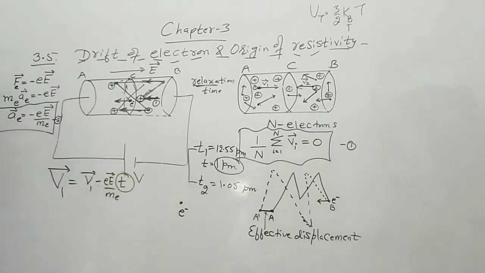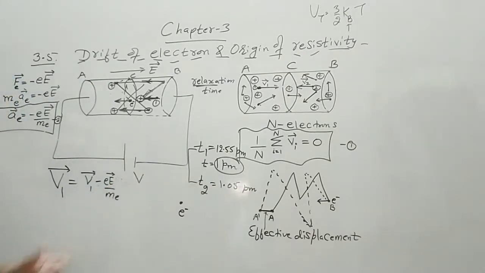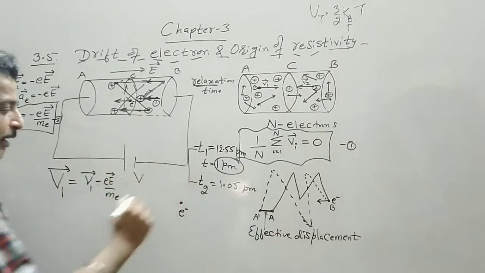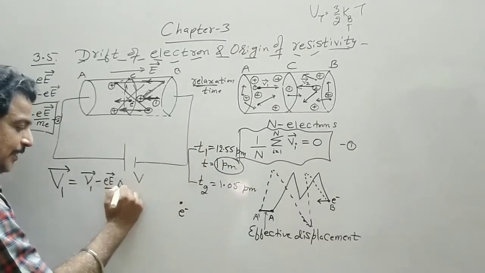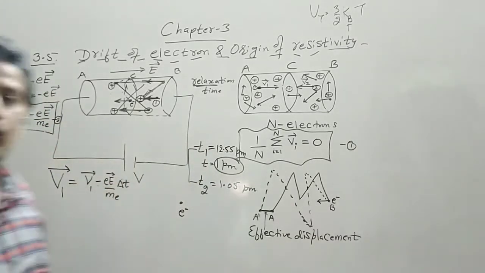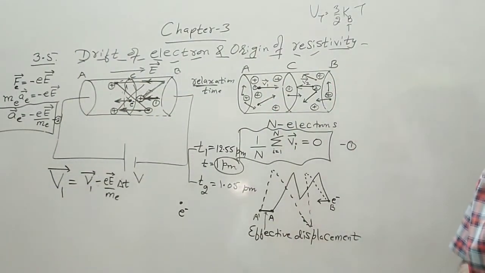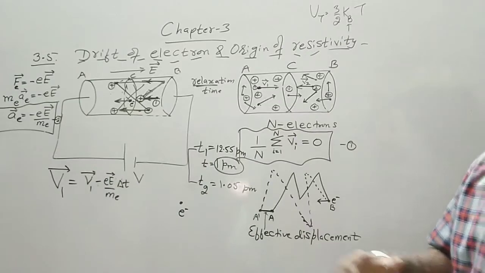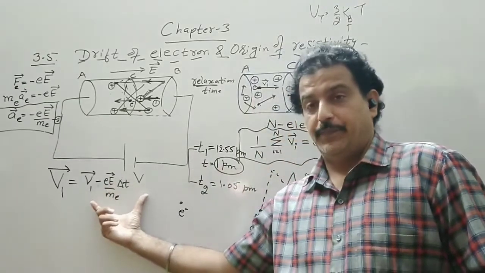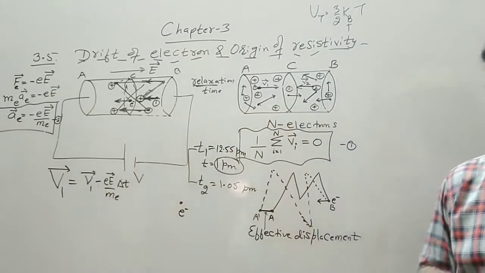And what will be this time? This time should be equal to when it is accelerated, so that will be t2 minus t1, or I said it is delta t. This is for one electron only. So its final velocity will be this answer, that is initial minus something.